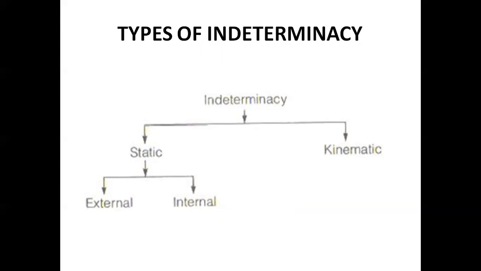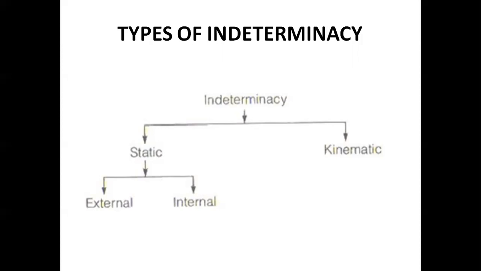We calculate static indeterminacy, and it consists of two types. First is external and the other one is internal. In terms of calculating static indeterminacy, we need to calculate external static indeterminacy as well as internal static indeterminacy.